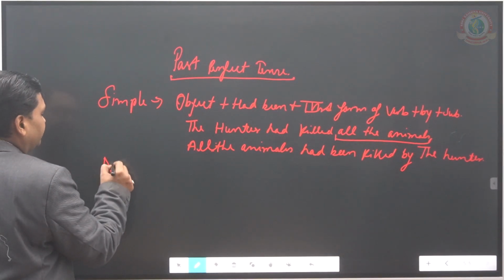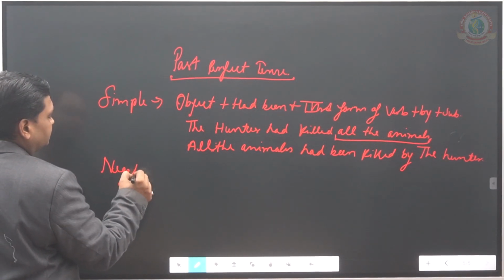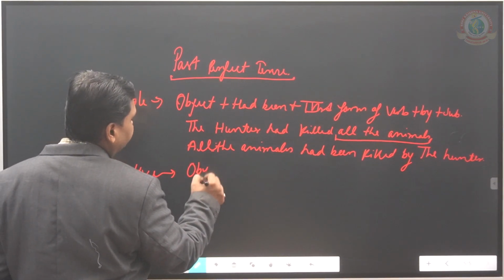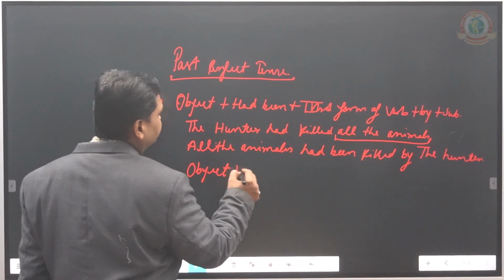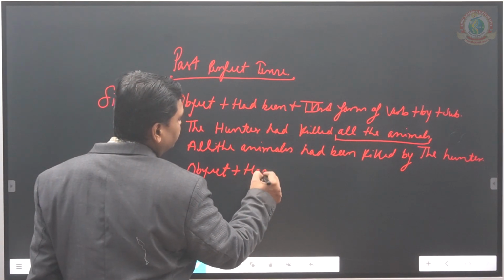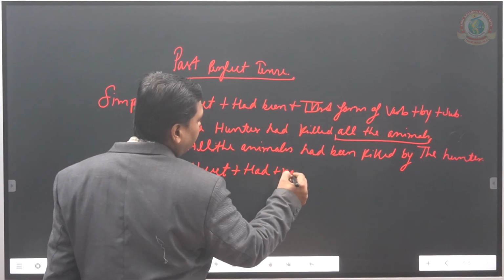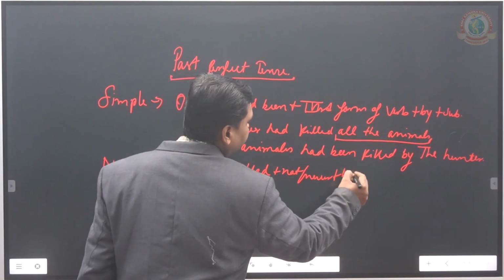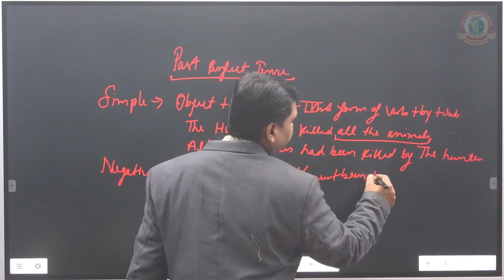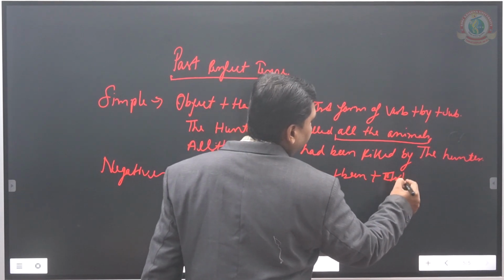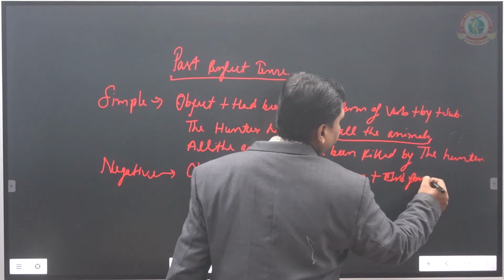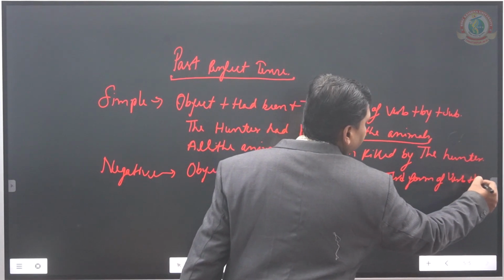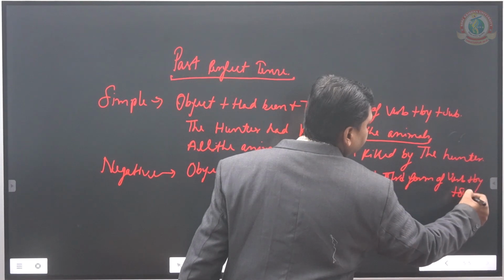After that, in negative, the structure would be like that: object plus had plus not or never plus been plus third form of verb plus by plus subject.